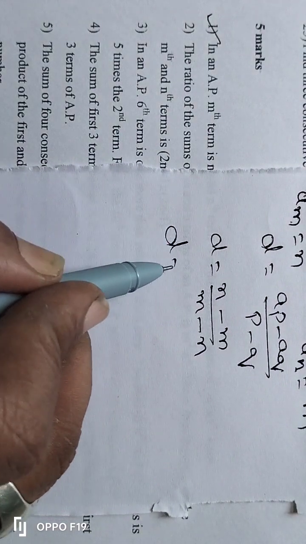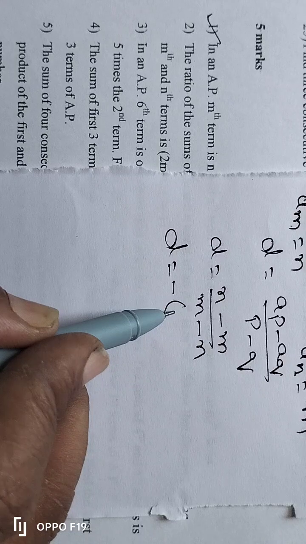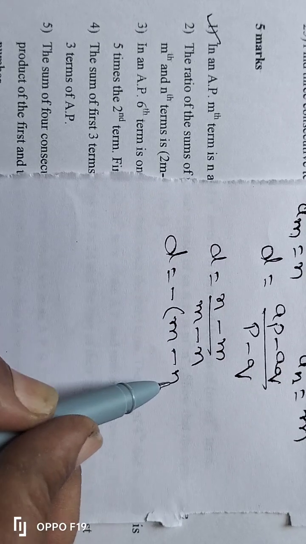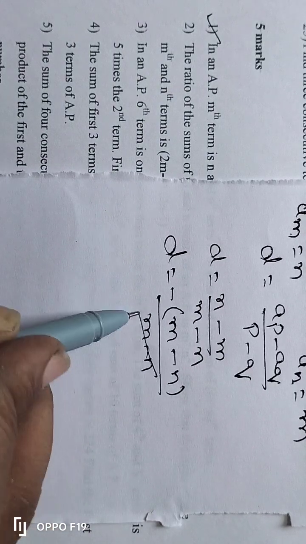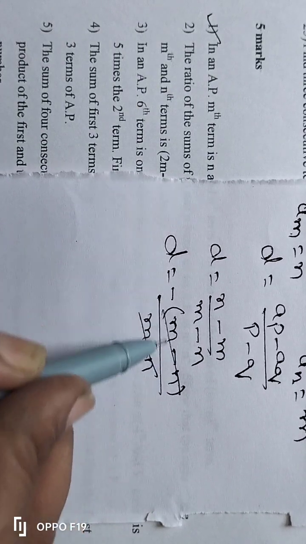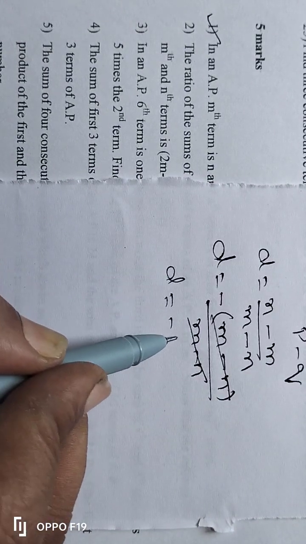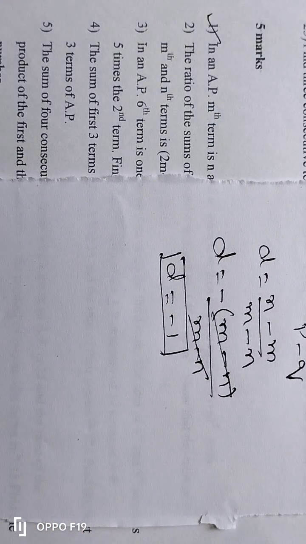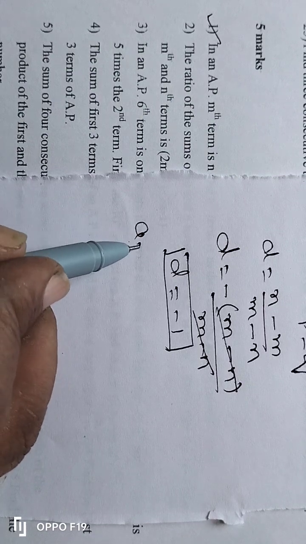So in these two, take minus as common. Minus m plus m, plus n minus n, divided by m minus n. Minus 1 in the numerator and m minus n in the denominator are the same, so d will become minus 1. So what is the value of d? d is minus 1.